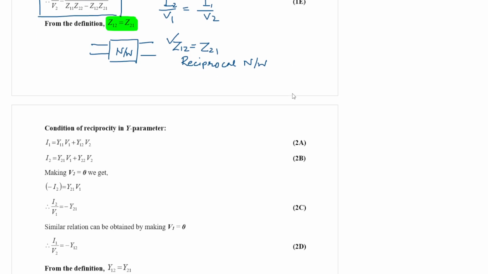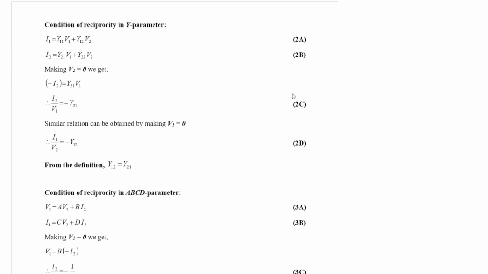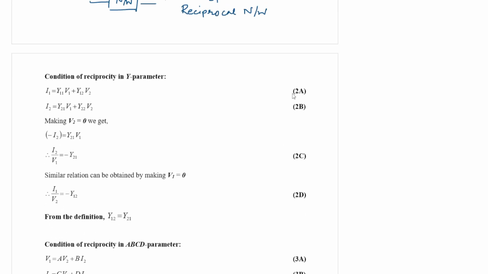So moving on to the next parameter, it is the Y parameter. So I1 is equal to Y11 V1 plus Y12 V2 and I2 is equal to Y21 V1 plus Y22 V2. Okay. So for the same network, we will follow the same process.